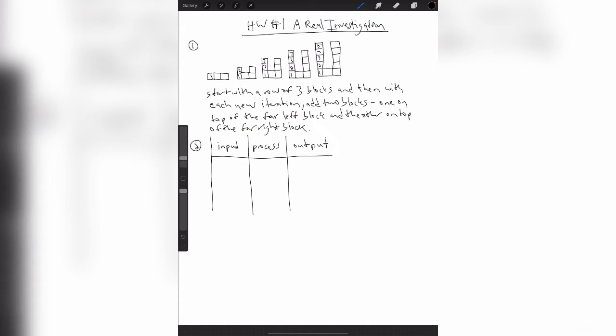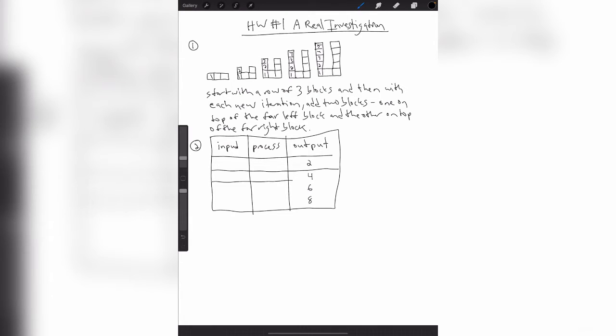I have my input column going up and down, my process column, and my output. So if you're looking at the first row, the output, it looks like I have 2 blocks for the very, very first figure here. And then I have 4, and then I have 6, and then I have 8.